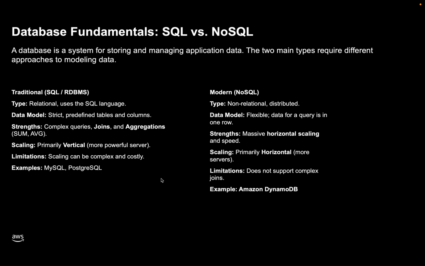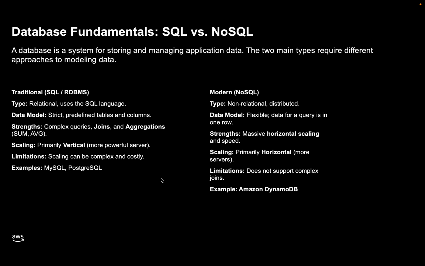In a NoSQL database, everything is also stored in a table and column format, but here we have the keys and attributes in DynamoDB. Whereas the data model in a traditional database has completely predefined tables and columns, and everything is interconnected with primary keys, foreign keys, and constraints. In a NoSQL database, it is flexible, which makes it easy to query in one row.